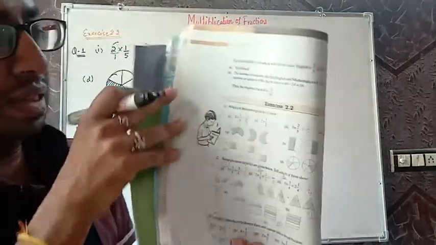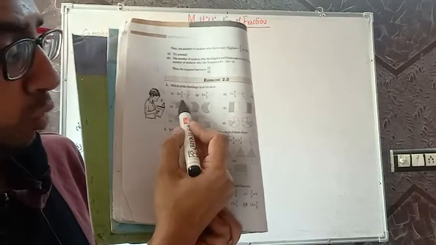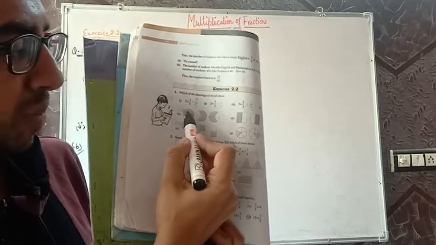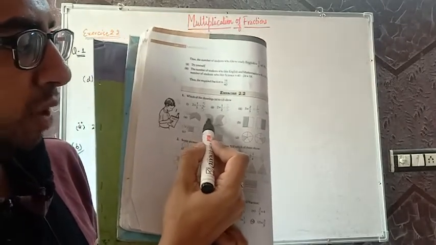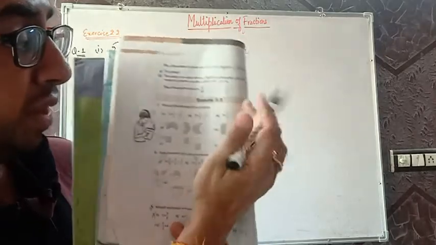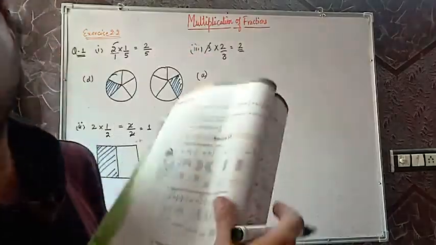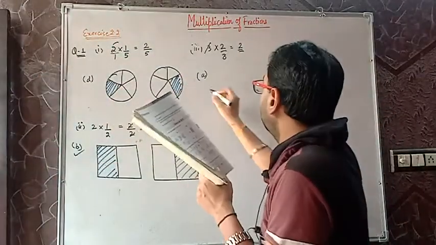If you clearly see, 3 parts are given, 2 parts are shaded; total 3 parts, 2 are there; and how many such shapes should be there? 3. 1, 2, 3. Therefore, option A. Are we clear? Fourth part.